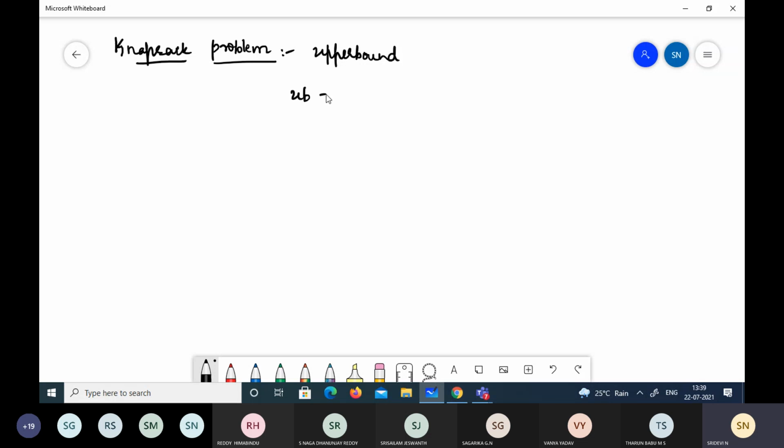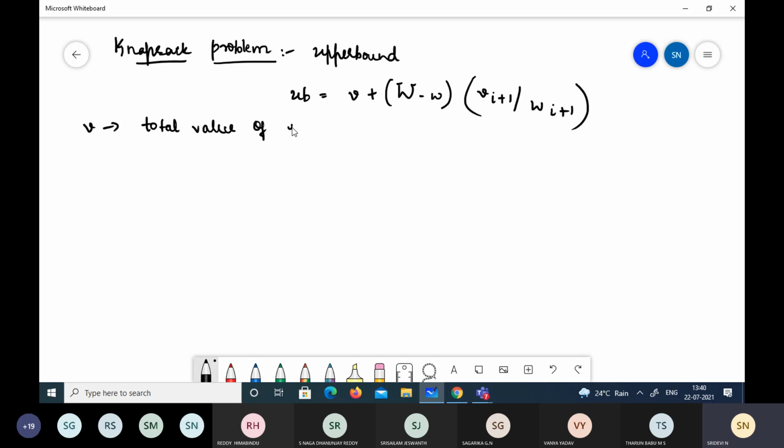The upper bound is calculated as follows: v plus, with capital W being the knapsack capacity, (W minus w) times v(i+1) by w(i+1), the value by weight ratio of the next item. This is the formula. What is v here? It is the total value of the items already selected, every time we select one item and check.